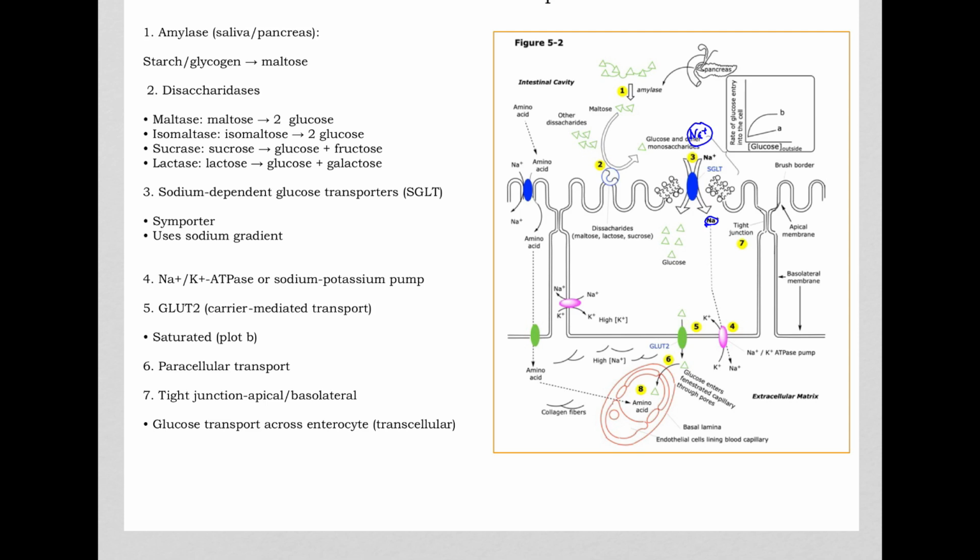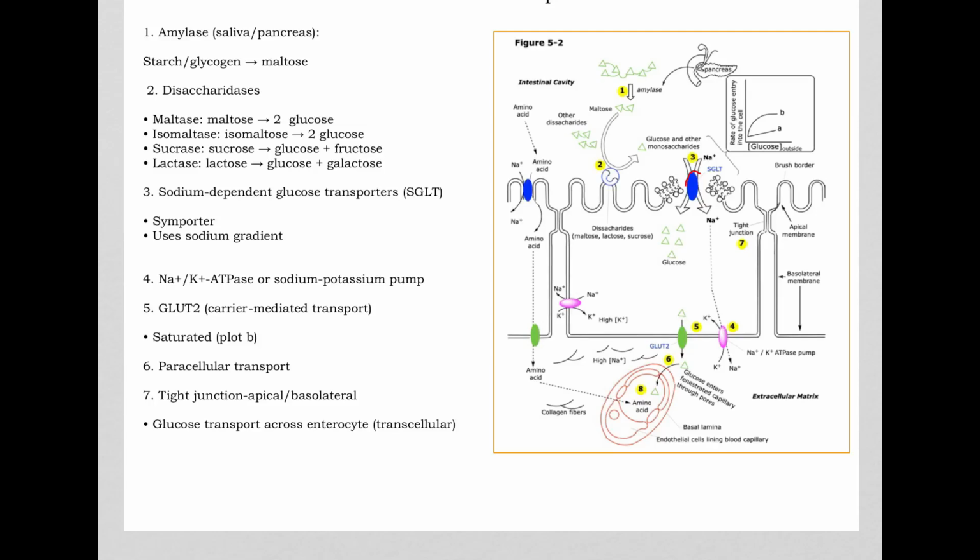This sodium can come from your diet or from the pancreatic juice. This sodium, much higher on the outside, will continuously enter the enterocyte because of the sodium gradient. Remember, the sodium gradient is a form of energy, and that energy really was made by this sodium-potassium pump. So sodium keeps on coming into the enterocyte.